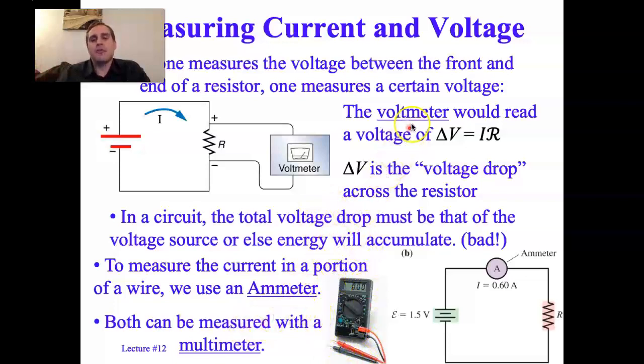So you can measure voltage, that makes it a voltmeter. You can measure current, that is making an ammeter. You can switch this dial to other settings. You can measure not just DC voltage or DC current. You can also measure alternating current, or you can measure AC voltage. You can also measure resistance with these multimeters. You can also measure what's called continuity.